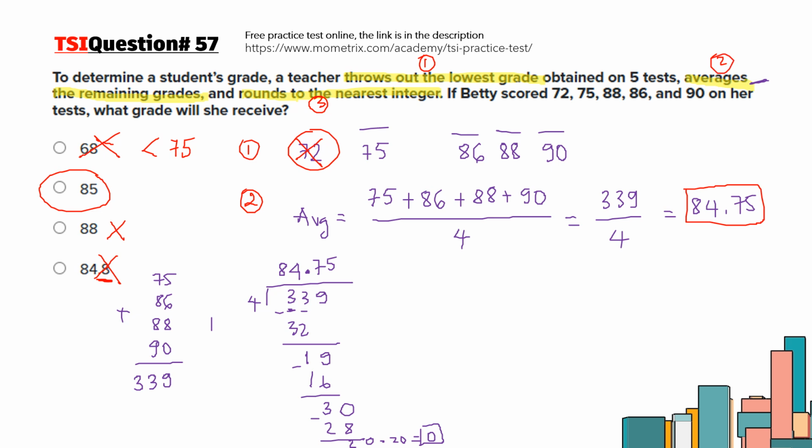As we know, an integer is not a decimal. See that 7 right here in 84.75? It's bigger than 5, so we round up 1 unit. Now this becomes 85. So 85 is the correct answer.